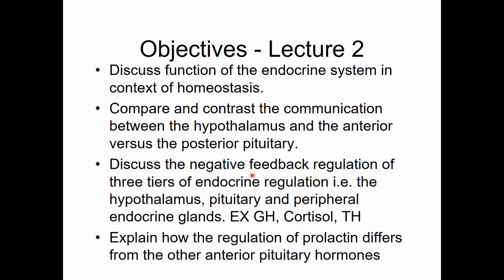We will discuss the negative feedback regulation of the three tiers of the endocrine system, and what I mean by that is the hypothalamus, the pituitary, namely the anterior pituitary, and the peripheral endocrine glands. And we will concentrate on three examples: growth hormone, cortisol, and thyroid hormone. And we want to explain how the regulation of prolactin differs from the other anterior pituitary hormones.